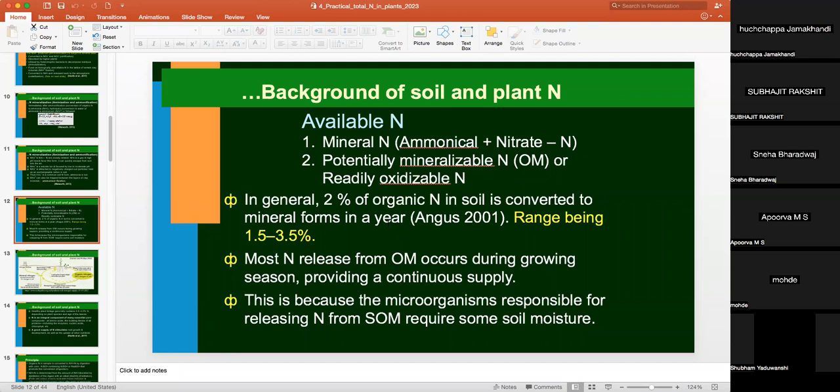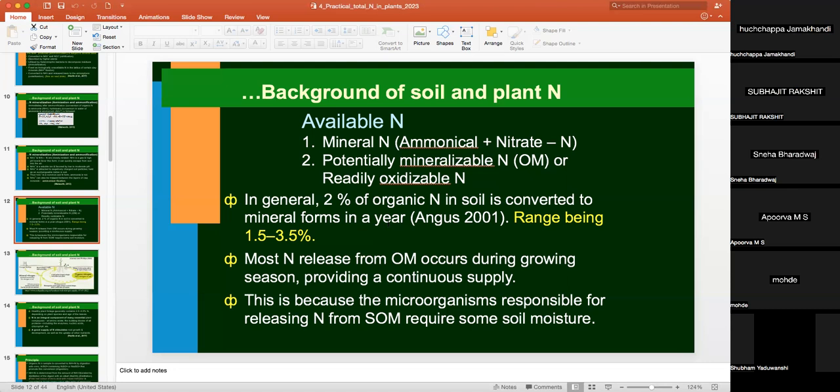If your nitrates and ammonium are exhausted, these nitrate and ammonium will remain present in the soil solution. Mostly 99% of ammonium and nitrate will be there in the soil solution. Of course, I take back my statement.